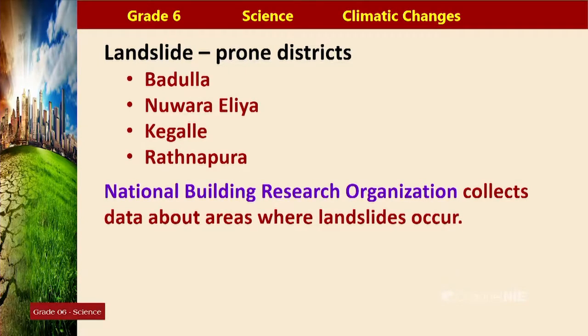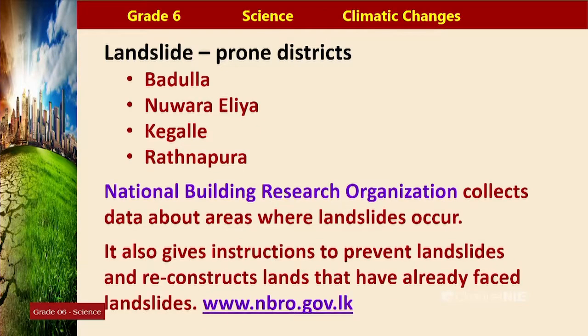There can be a landslide in your area, and an institution gives warnings. That institution is named the National Building Research Organization, NBRO. They collect all the data about areas where landslides occur and give prior warnings to people.